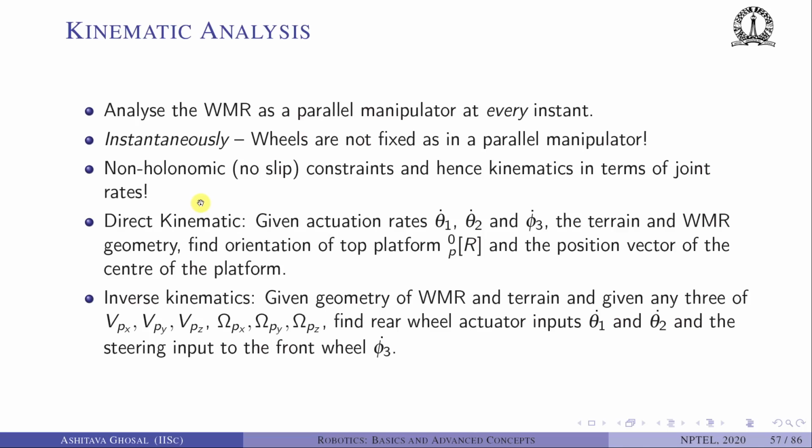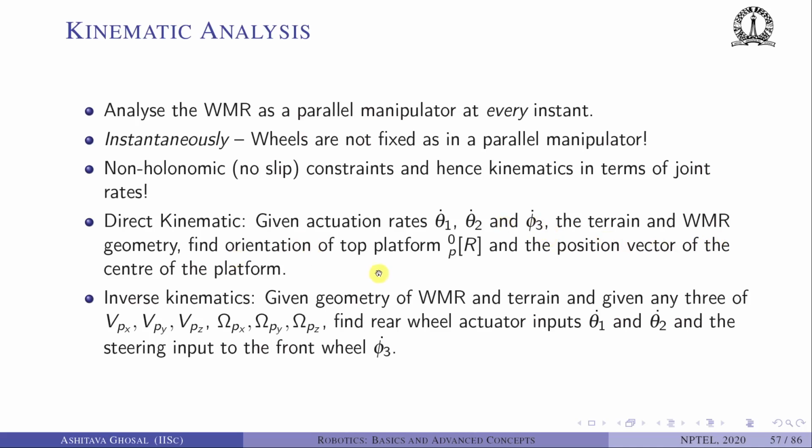So the kinematics are basically in terms of the rate of change of these generalized coordinates. In the direct kinematics problem, we are given the actuation rates, which are theta 1 dot, theta 2 dot, and phi 3 dot. Theta 1 dot and theta 2 dot are in the two rear wheels. Phi 3 dot is the steering. We are also given the terrain and the WMR geometry.